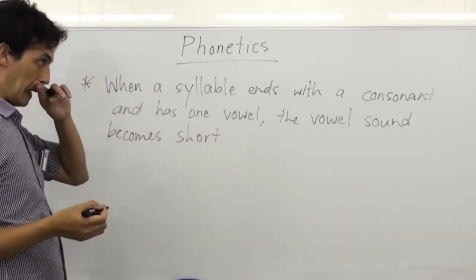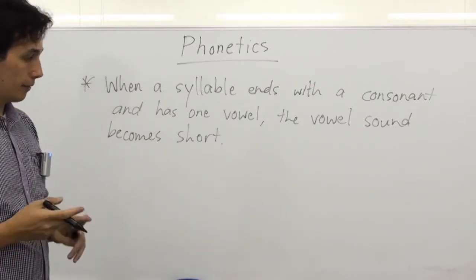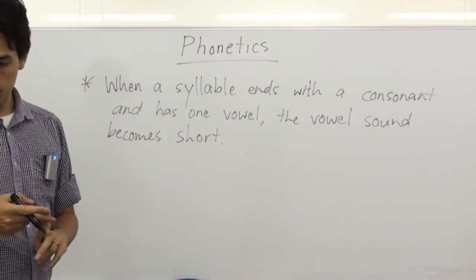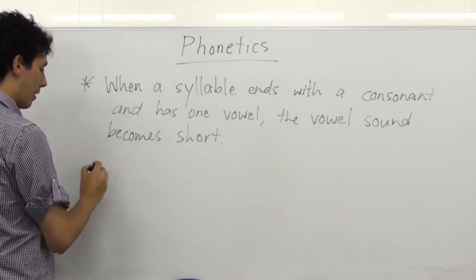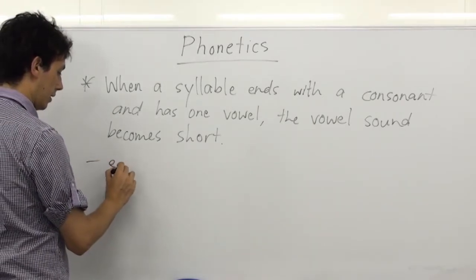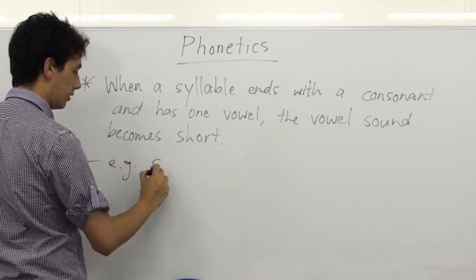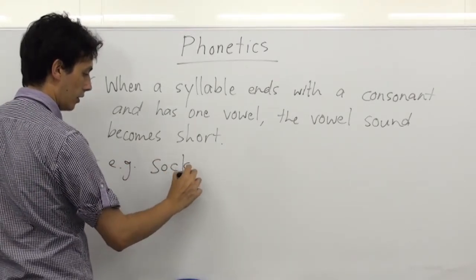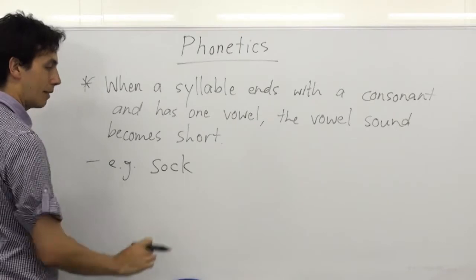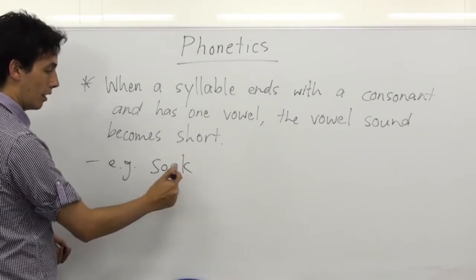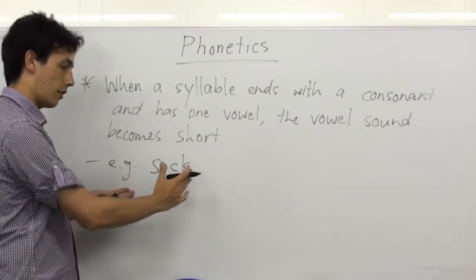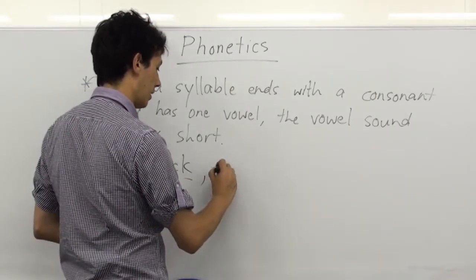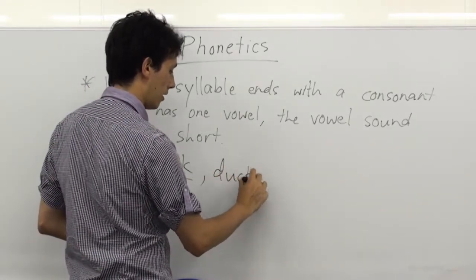Sounds kind of confusing, but luckily we have some examples again. We have, e.g., sock. See, it's just one syllable, there's one vowel, ends with a consonant, so this is a short sound. Sock. Then we have duck.